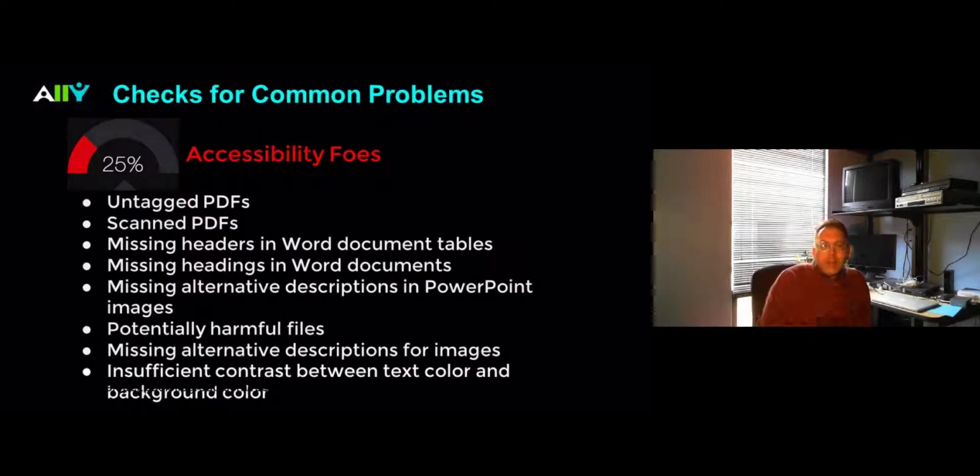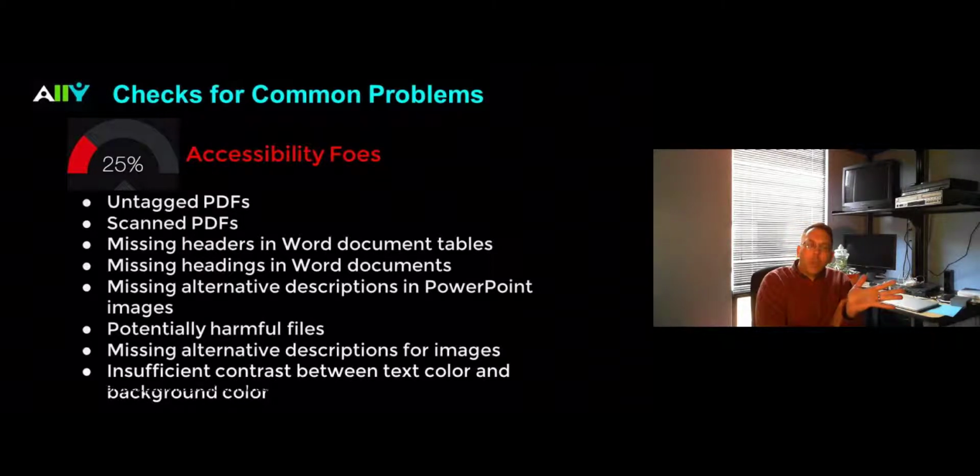So again, it checks for these common problems. And whenever these problems are present, your accessibility score is going to be lower. So we really want you to make sure that you are addressing these accessibility issues so that your score gets higher.